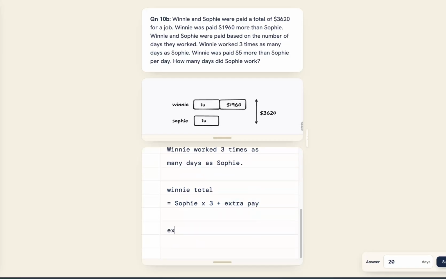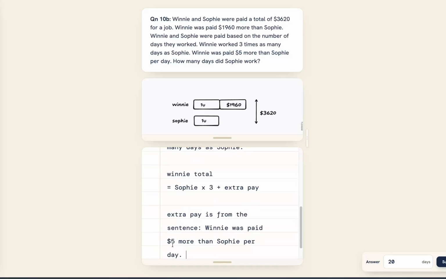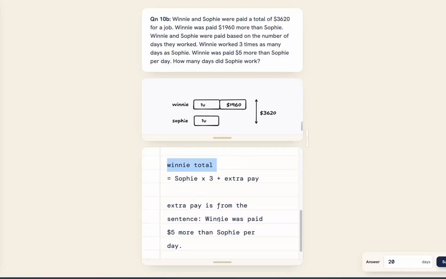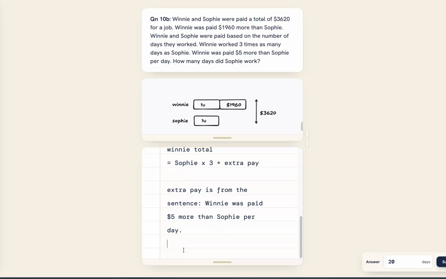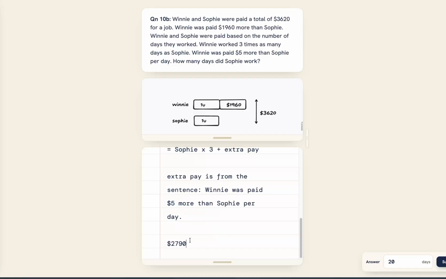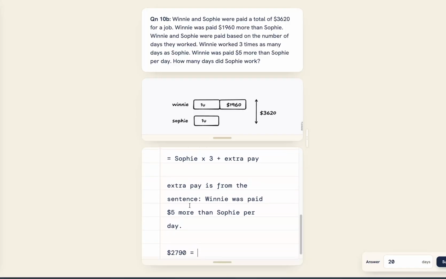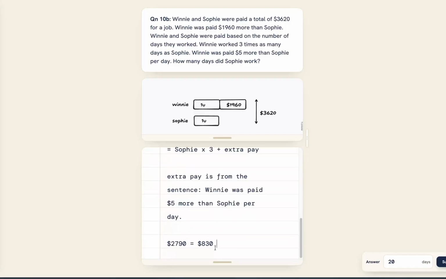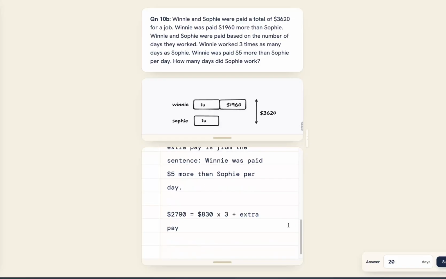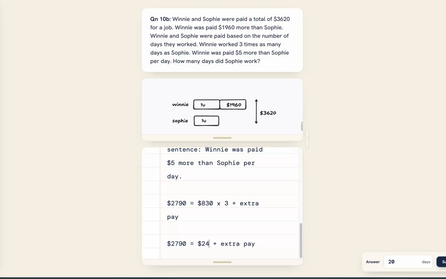The extra pay is from the sentence Winnie was paid $5 more than Sophie. So in this case, we know Winnie's total is $2,790, and Sophie is 830, and then times 3, and then plus extra pay. It's not extra pay, but extra pay lah. So in this, 830 times 3 would then be equal to $2,490.